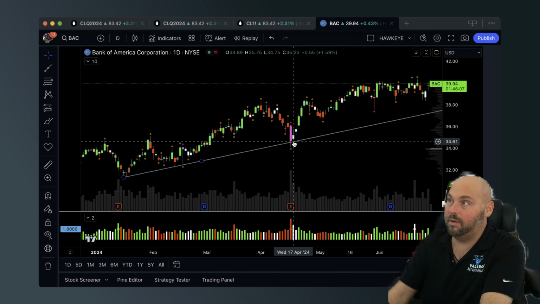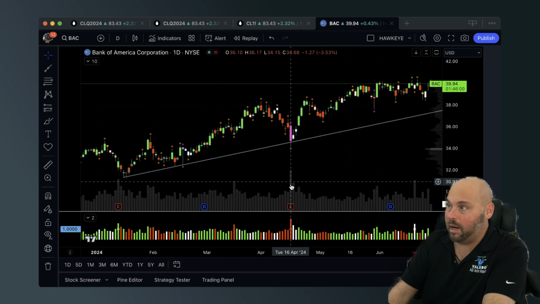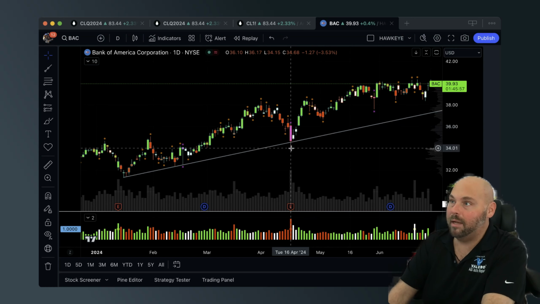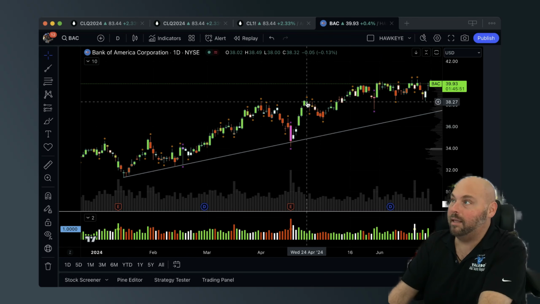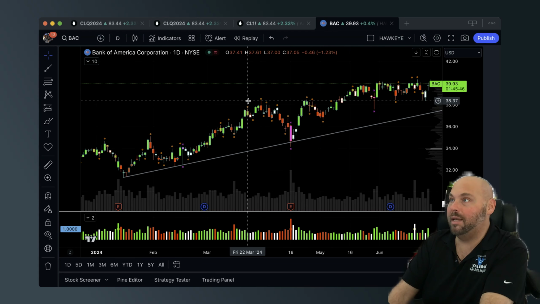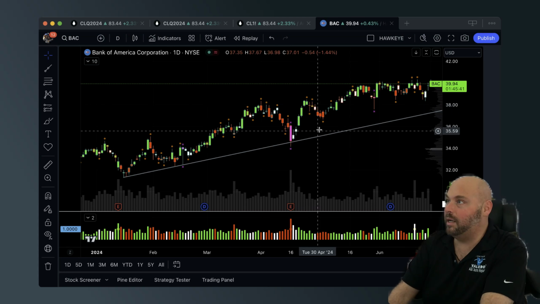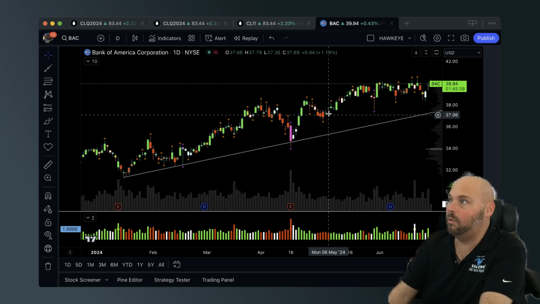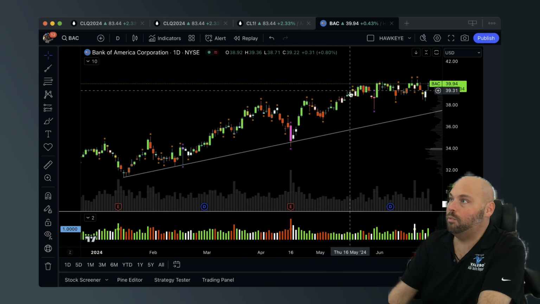If the next candle does not follow through, there's a better than not chance that this right here is a selling volume climax, placing a sequentially higher low, and the chances of the price rallying are actually pretty strong. So you can see we came in to test the prior high. We corrected, went on to place again another higher low, and then we went on to push those prior highs.